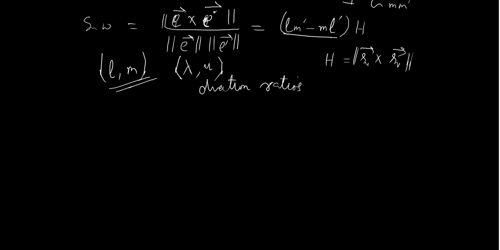Now, in case these directions are perpendicular, then of course cos of omega should be 0. In case these two directions on a surface at a point are perpendicular to each other, suppose this has direction ratios l, m, and this has direction ratios l prime, m prime.